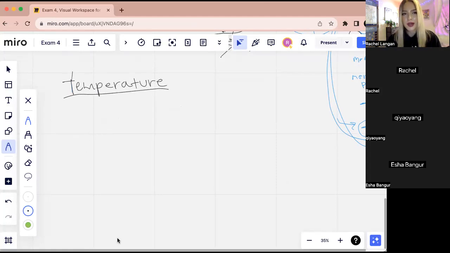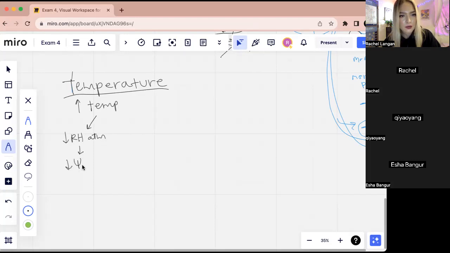So you should be able to talk about how water movement is going to change with increasing or decreasing temperature. So let's just say it was increasing temperature. The effects of that would be, on one hand, to lower the relative humidity of the atmosphere. So that would lower the relative humidity potential and therefore lower the water potential of the atmosphere.